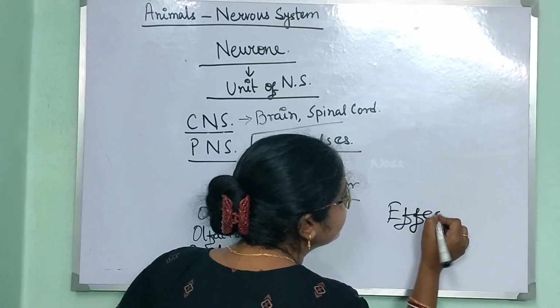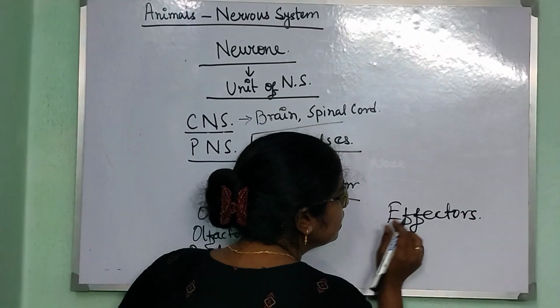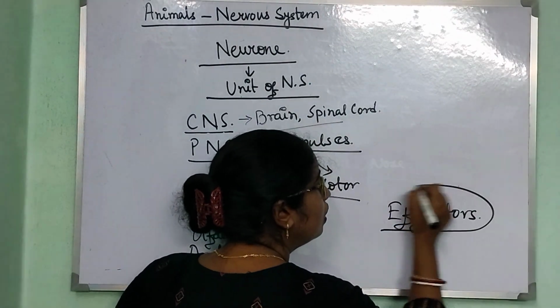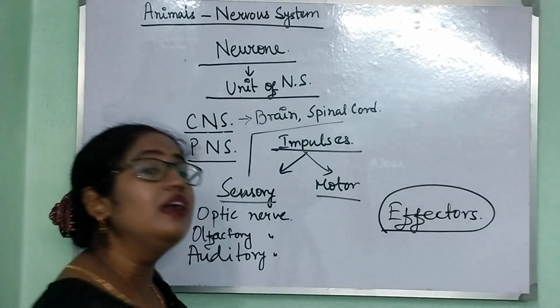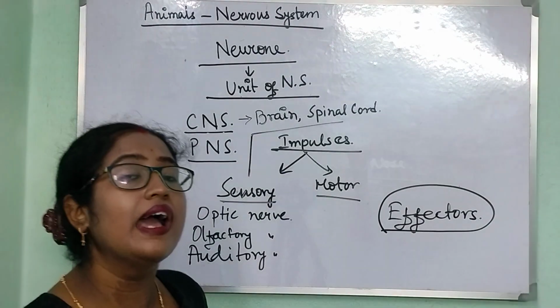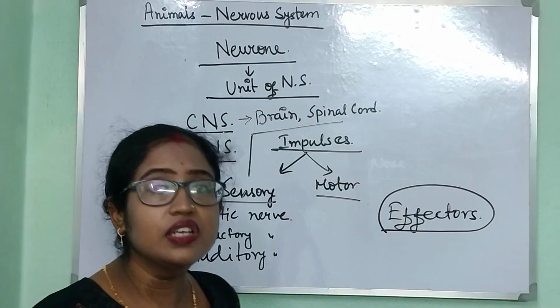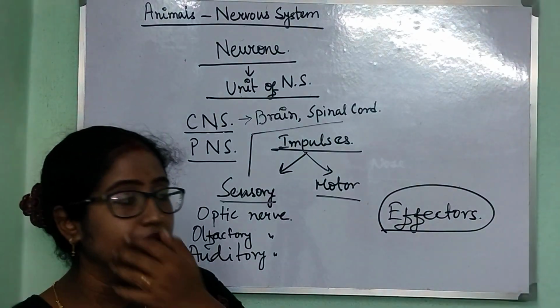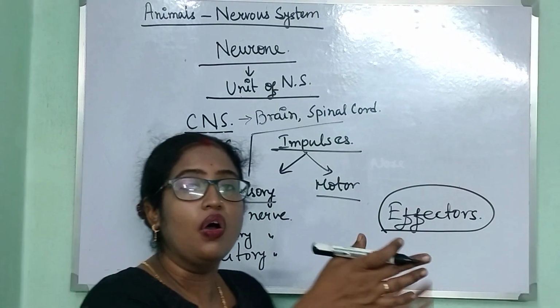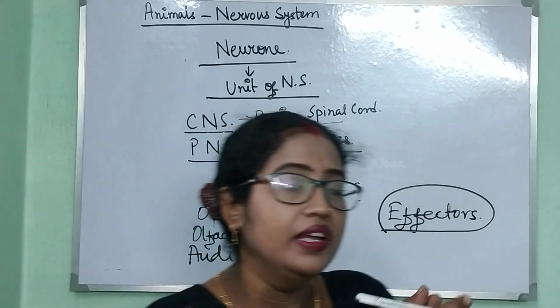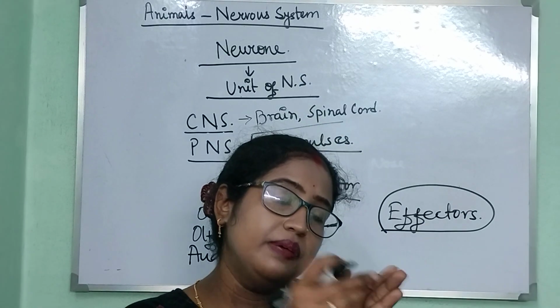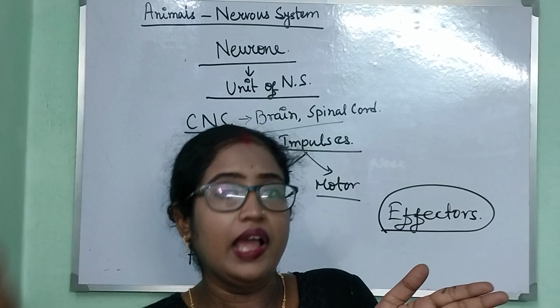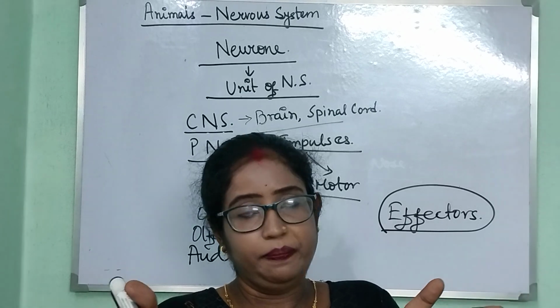Now what are effectors? Effectors are those organs or parts of organs that show reactions to different kinds of stimuli. If we touch a hot plate or hot pan accidentally, then we immediately move our hand from that hot pan.